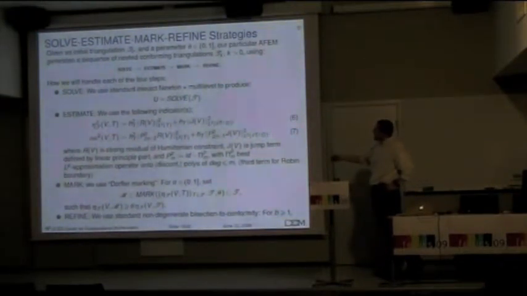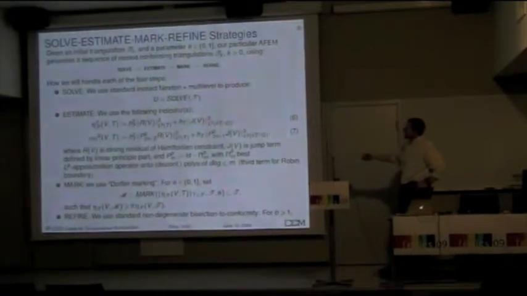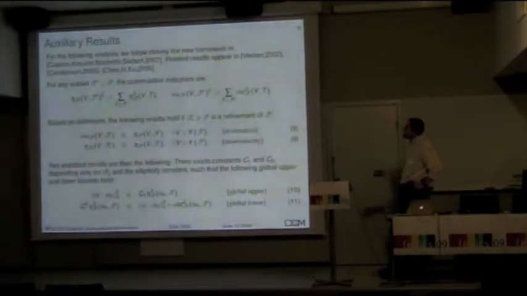And then there's an oscillation term that appears really just in the analysis here. We don't actually compute this. Okay, and then the marking strategy is based on what's called Dörfler marking. And so basically we just mark some fraction of the elements to guarantee that we get error indicator reduction. The refinement strategy is a standard thing. We do some sort of bisection procedure, which is guaranteed to be non-degenerate.